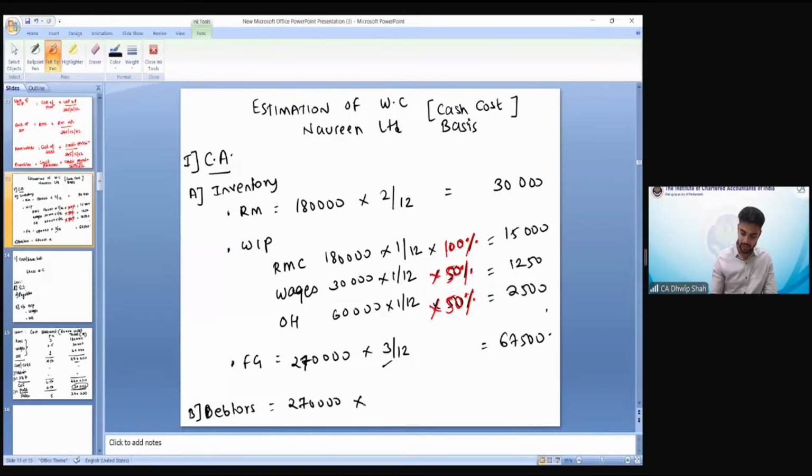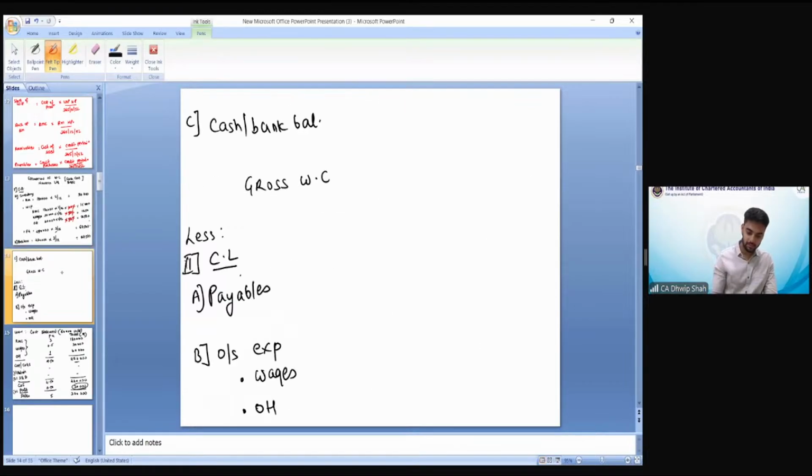Debtors holding period is 3 months. 3 divided by 12, which comes to 67,500. Cash and bank balance directly given in the question. Bank balance is 20,000. So 20,000, I will write it here.